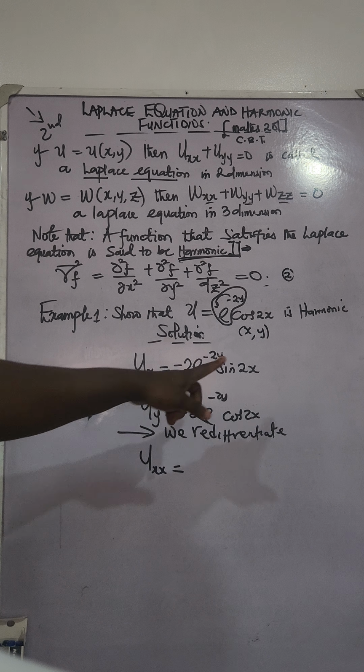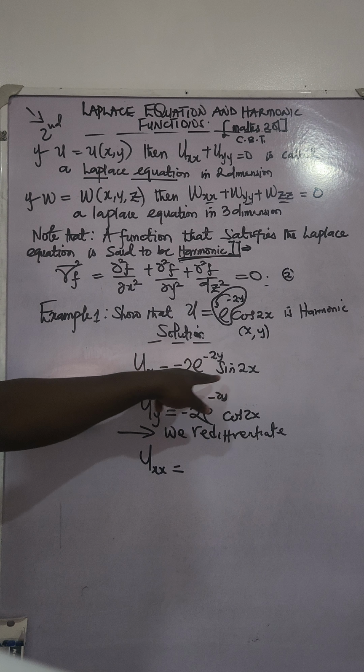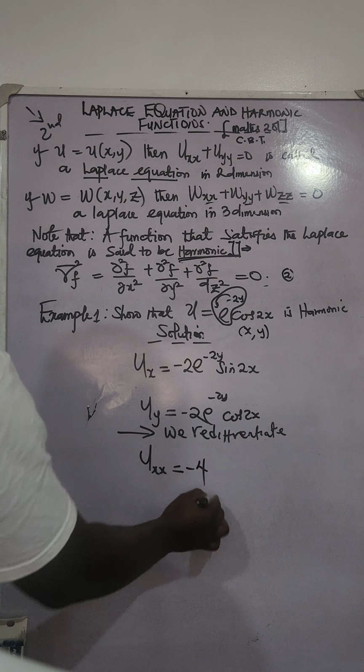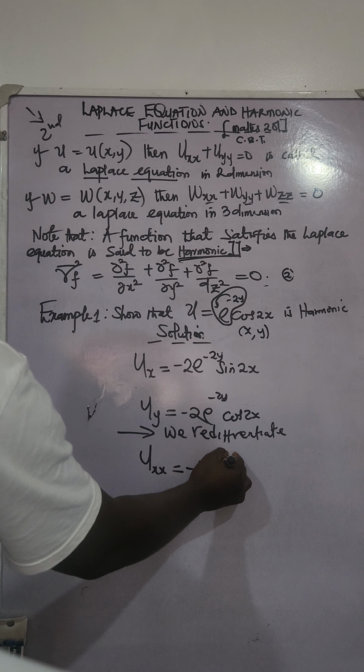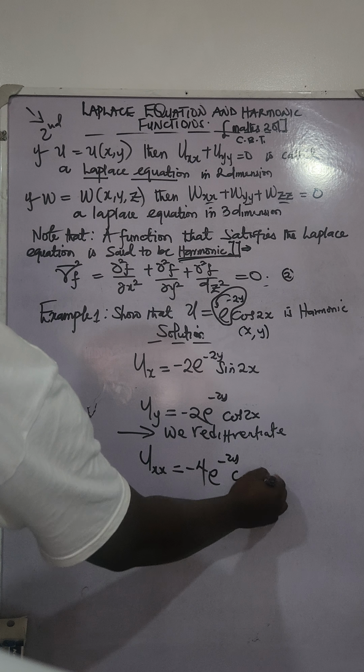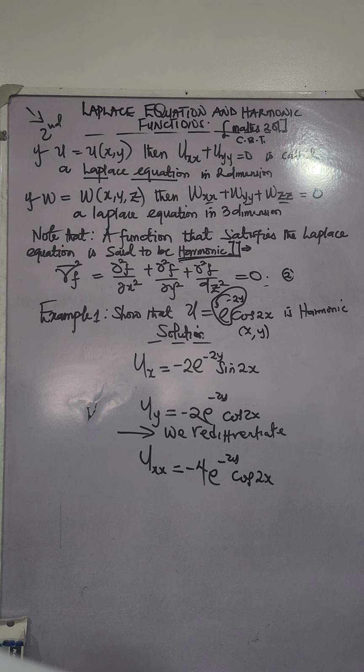When you multiply 2 cos 2x by what you have here, you get minus 4 e to the power of minus 2y cos of 2x. Did you see that? Cos of 2x.